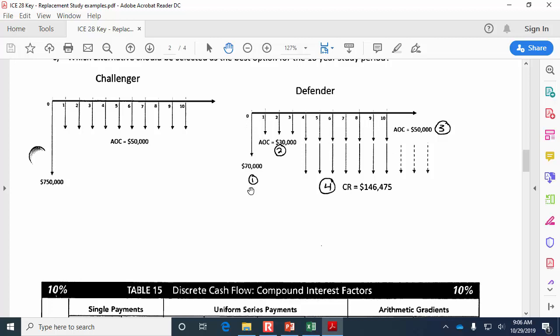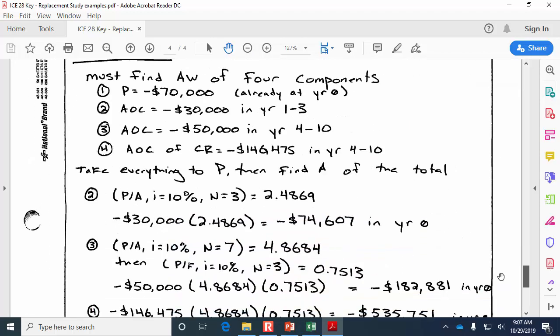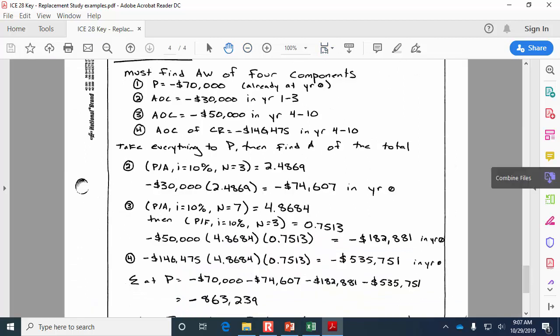And so 1 is already at year 0. 2 I have to take to year 0, and I can do that in a single step. And then 3 and 4 I'll take to year 0 first by taking it to year 3 with P/A, then from 3 to 0 with P/F, then from 0 spread out over the annual series with A/P. Okay, so those are the steps that are summarized here.